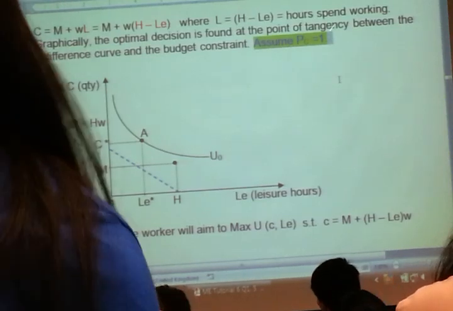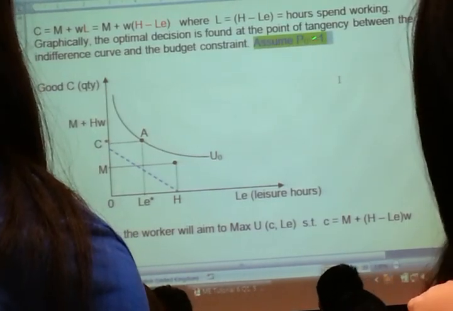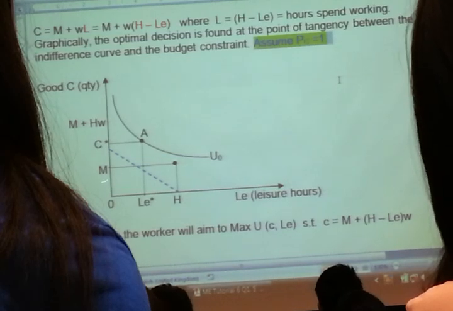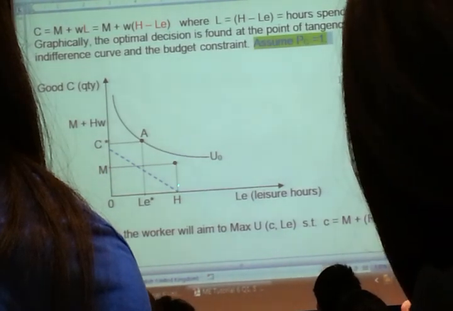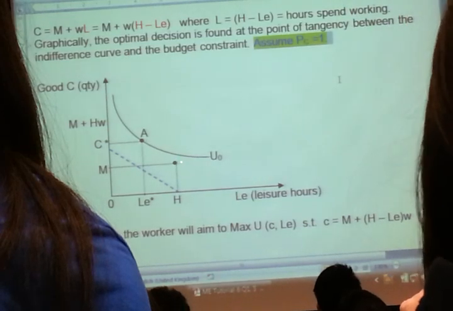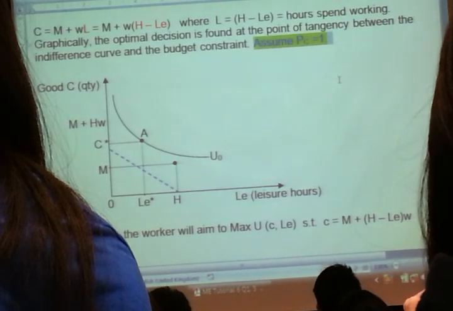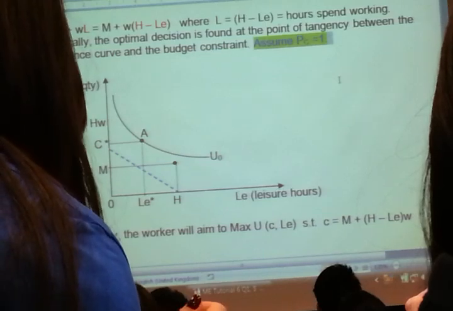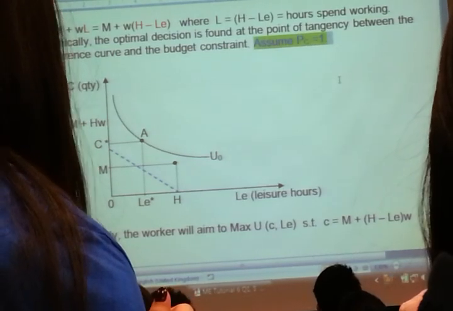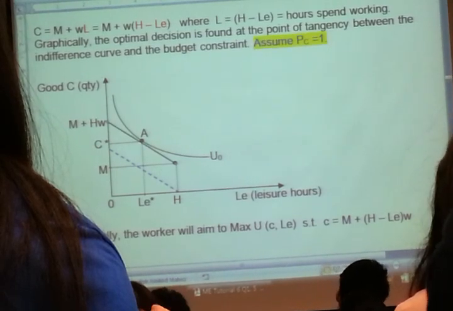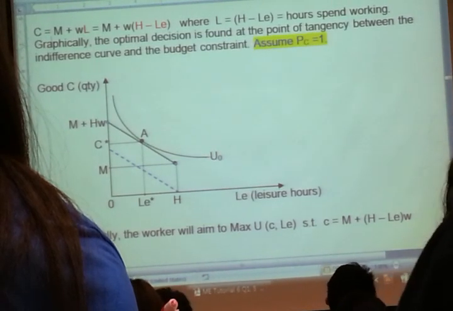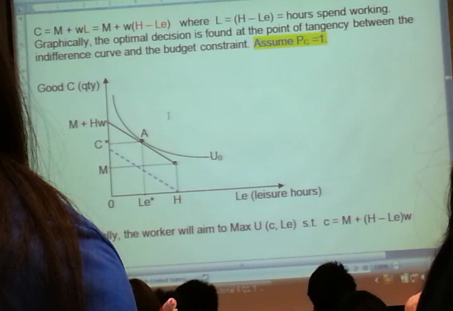Understand? But because this is 1, so divide by 1, quantity of C. So which means your budget line will start here, that's why it starts here. So as usual, if you work, then you can buy more and more. So you go up. Okay? So there's only one such difference here.